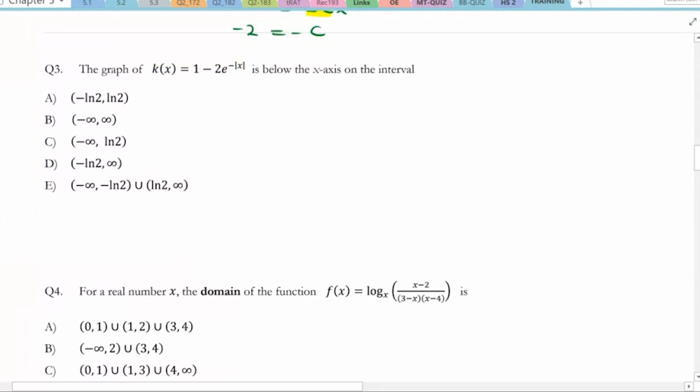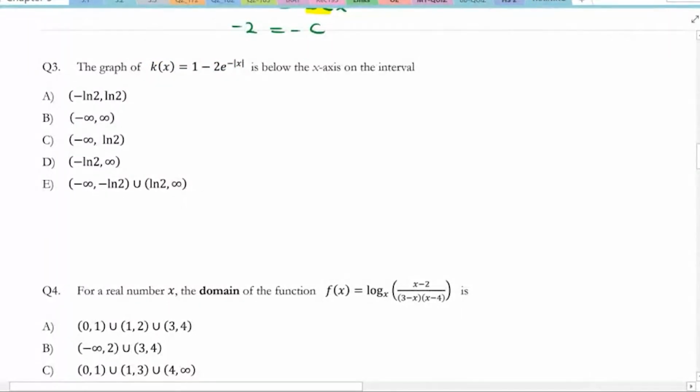We can answer this question in 2 ways. One is algebraically, and the second idea is by graphing. Sketching the graph will take us more time. So let us try to solve it by algebra.